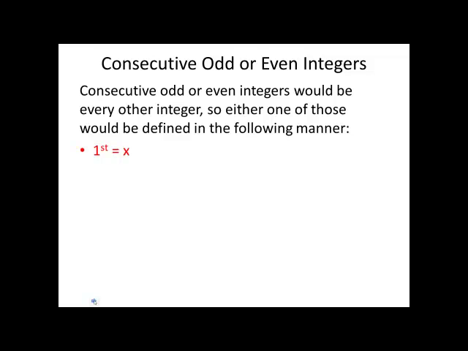And then we know the next number is 2 places away from that one, so it will be x plus 2. The next number is 2 places away from that one, so it will be x plus 4, then x plus 6, and so on. So that's how we would define consecutive odd or consecutive even integers, either way.